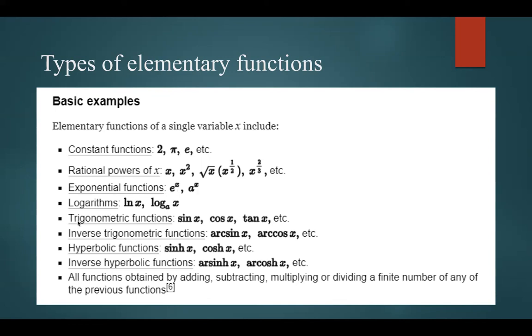Next is going to be trigonometric functions. What are trigonometric functions? For example, we have sinus and cosinus. y is equal to sinus of x would look like this, and we have cosinus. Let's write it in a different color, y is equal to cosinus x would look like this.